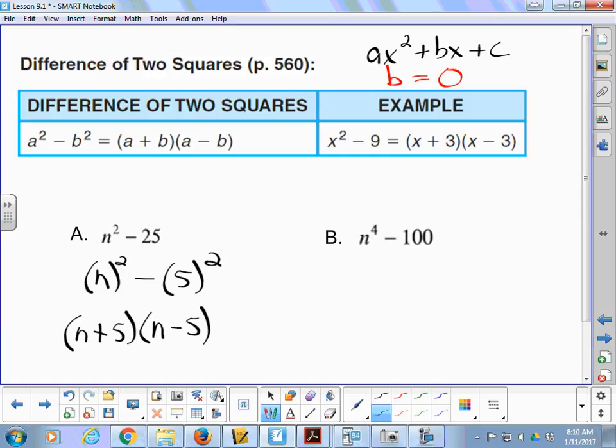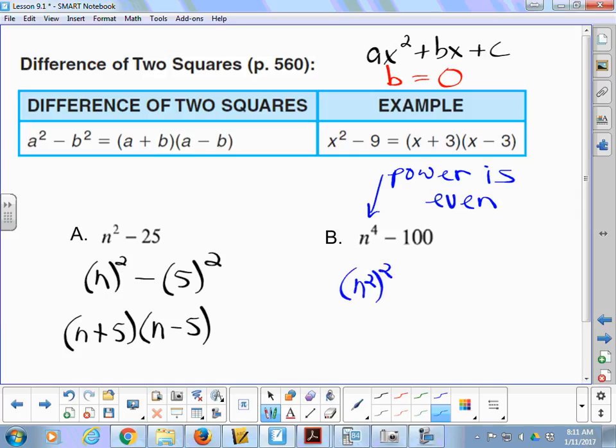And now n to the fourth minus 100. Whenever the power is even, then it's always a square. If the power is even, it's always a square. And the thing that's squared is just half of that power. So in this case, since it's n to the fourth, the thing that's squared here is actually n squared.